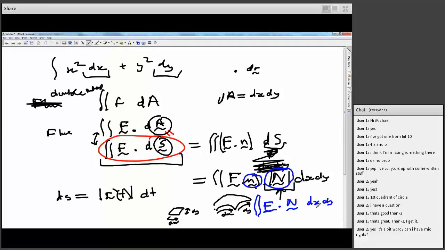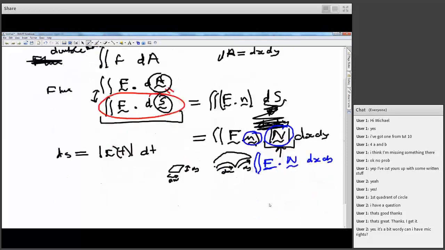You parameterize the surface in terms of two coordinates, and then work out what N is in that coordinate system.